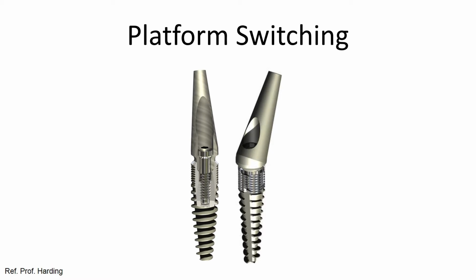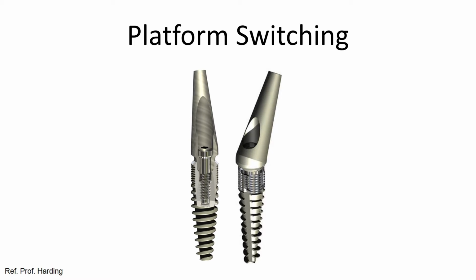So the implant on the left hand side is platform switched. It has that difference in diameter with a space between the two, whereas the other on the right hand side, the abutment, although it's larger than the implant itself, doesn't have that recess around the neck, which is important to allow for the formation of a horizontal biological width.